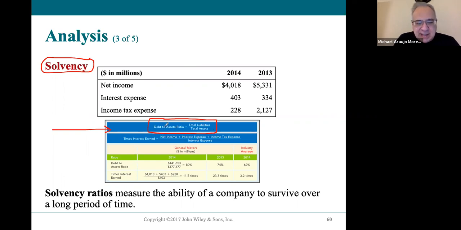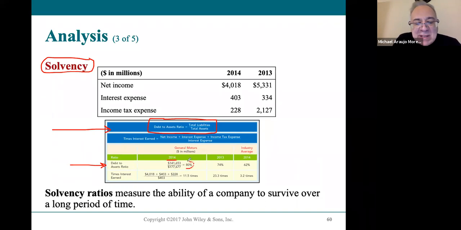The debt to asset ratio we did review in chapter 2 back in the day. Total liabilities are compared with total assets here. That's what this says. You'll have to trust me if you're squinting. And so for the debt to asset ratio for General Motors in 2014, you have 141 billion in total liabilities compared with 177 billion in total assets.